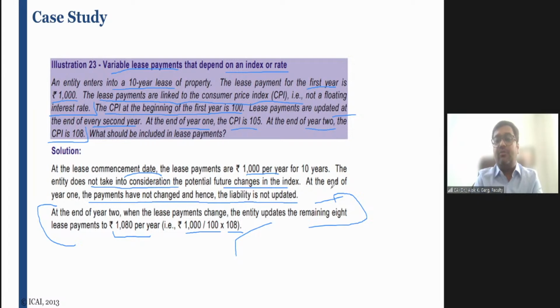So this increase of 80 rupees is variable lease rent, which depends on the index or rate. So this has to be taken into consideration while calculating the lease payment for the purpose of lease accounting. So we are discussing this lease payment accounting.